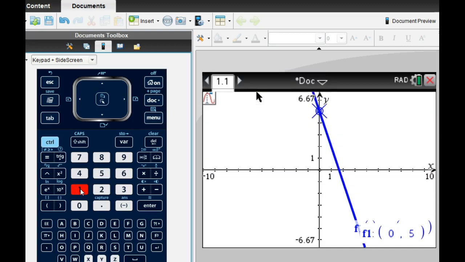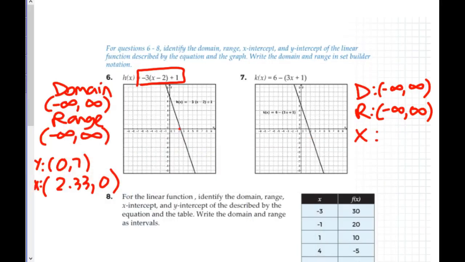Menu 5.1, so 0.5 is the y-intercept, 1.670. Alright.